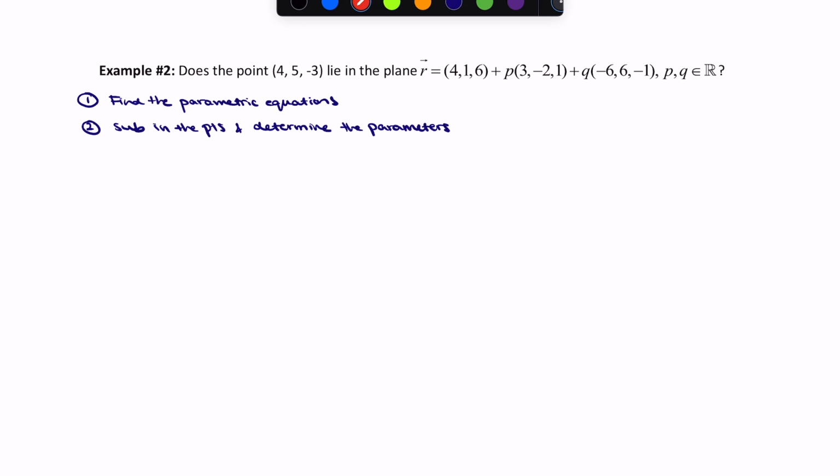Okay, so here we have 3 parametric equations, because we have our 3 components.